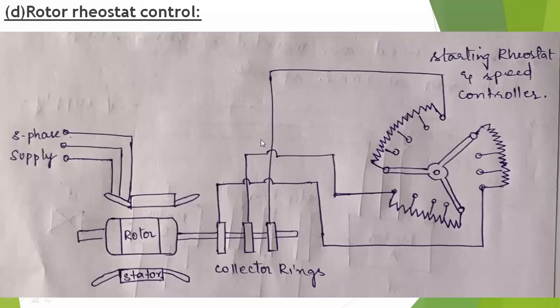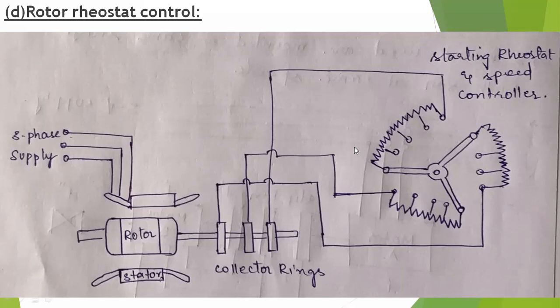A change of R2 will affect the load also. Because of the wastefulness of this method, it is used where speed changes are needed for only short periods. So this is rotor rheostat control.